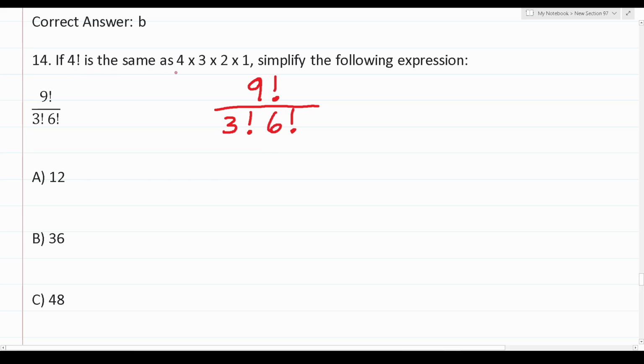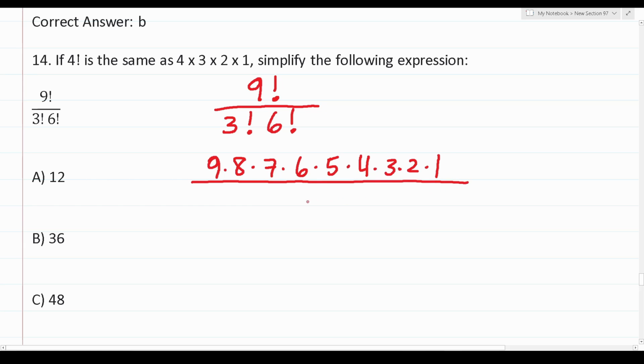Again, if 4 factorial is the same as 4 times 3 times 2 times 1, then 9 factorial is the same as 9 times 8 times 7 times 6 times 5 times 4 times 3 times 2 times 1. Likewise, 3 factorial is going to be the same as 3 times 2 times 1. And 6 factorial is going to be the same as 6 times 5 times 4 times 3 times 2 times 1.